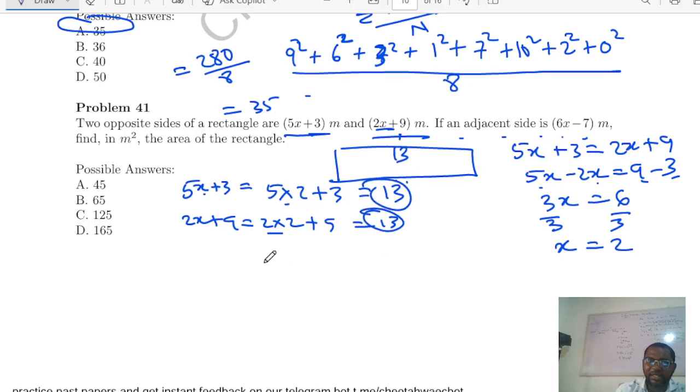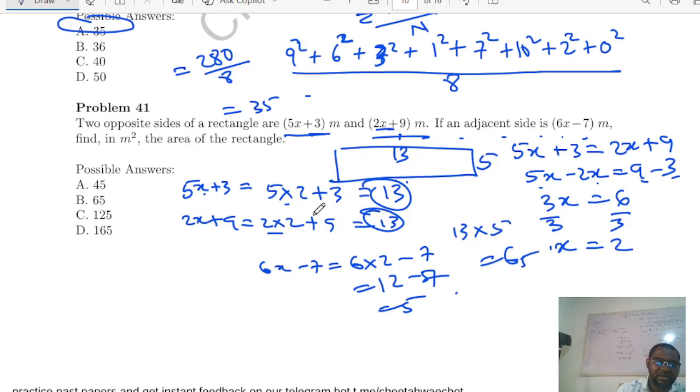The breadth of the rectangle is 6x minus 7, which means 6 times 2 minus 7, which is 12 minus 7, which is 5. So 13 times 5 is 65. So the area of that rectangle is 65. You see that this requires a lot of common sense.